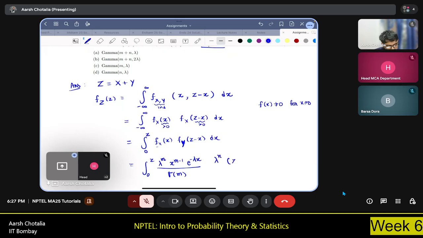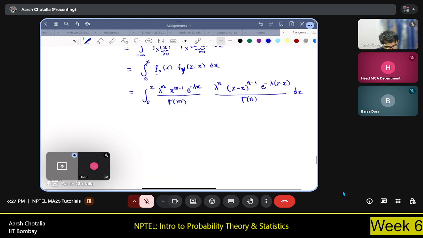Instead of x, I have z minus x to the power n minus 1, e raised to minus lambda, and instead of x, again z minus x, divided by gamma of n, dx. Okay, now let's collect the terms.